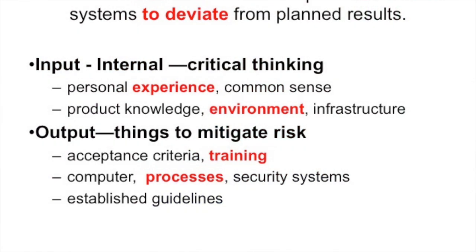So if we take that, that's internally. Outside or output, things to mitigate risk, the things that we use: acceptance criteria, we use training, we use our computer system, we use processes, security systems, and we establish guidelines for what's going on, hopefully to identify a potential risk that could have an adverse effect on our organization.